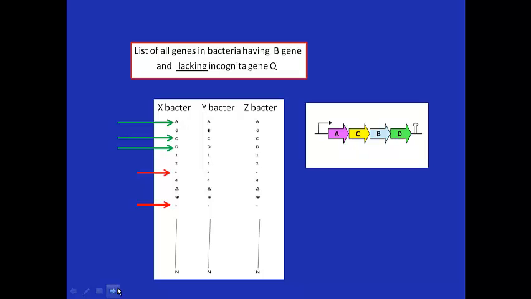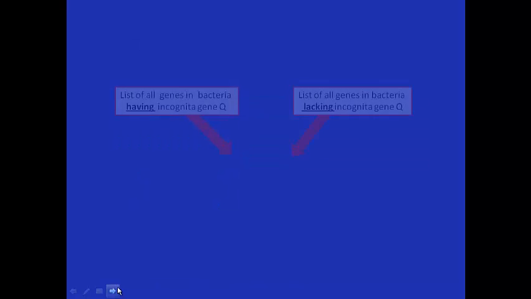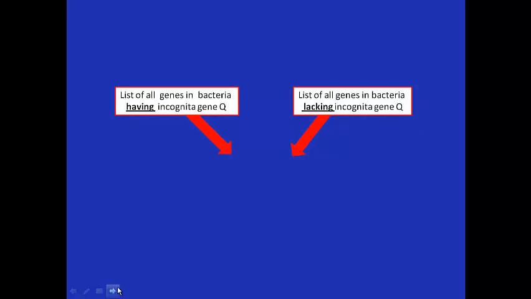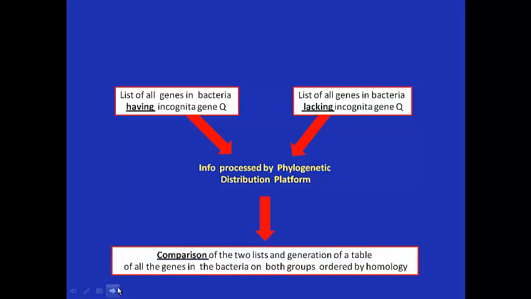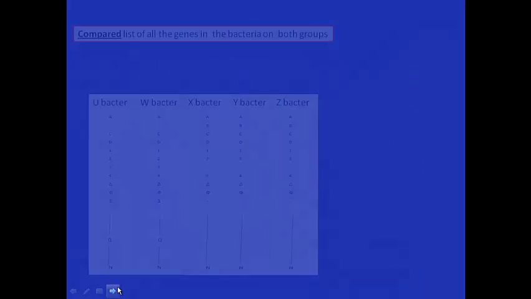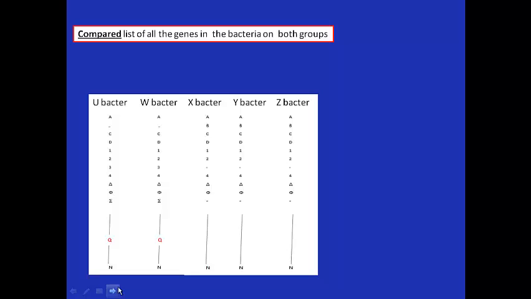Well, the next step is for the phylogenetic distribution program to process the information contained in these two extensive lists and digitally compare and contrast them to finally generate a list of all the genes present in both groups of bacteria ordered by homology. This list could look something like this, and it is composed of thousands of genes.